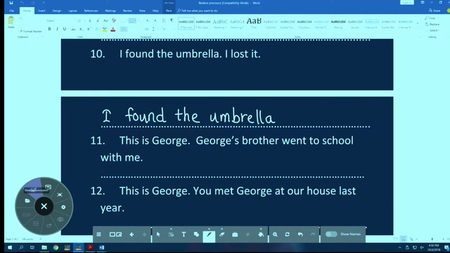Then what is the relative pronoun? Which or that. Which I lost. නැති වුණ කුඩේ හම්බ වුණා. Which I lost. It දාන්නේ නැහැ අපි because we are talking about the umbrella.